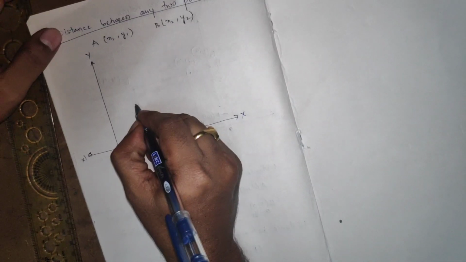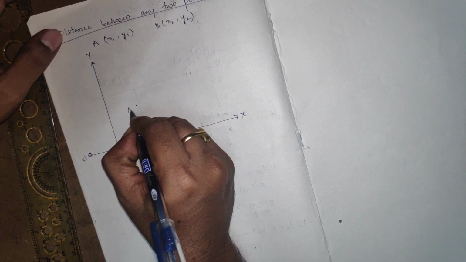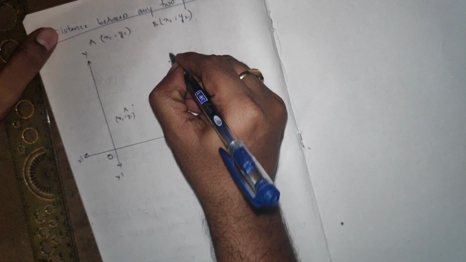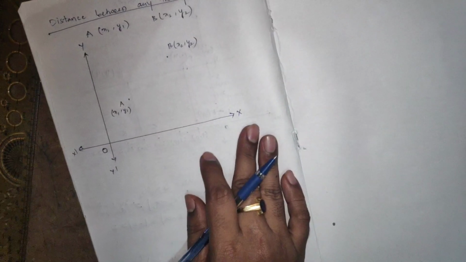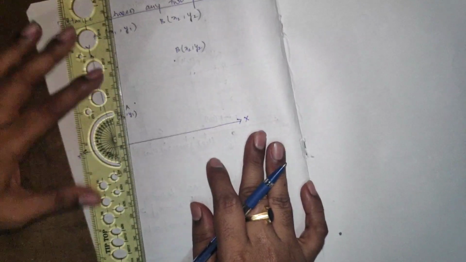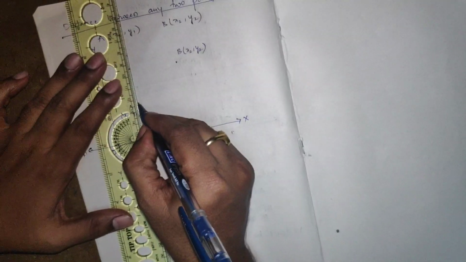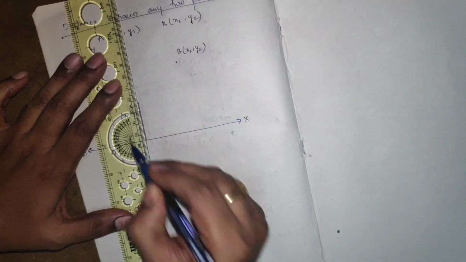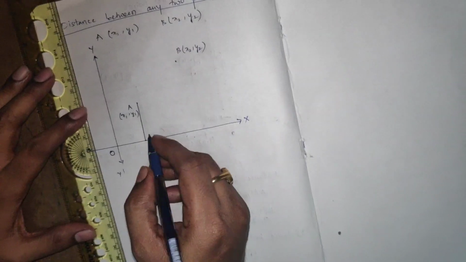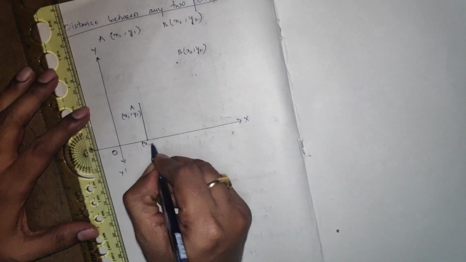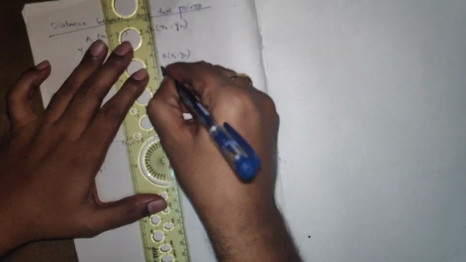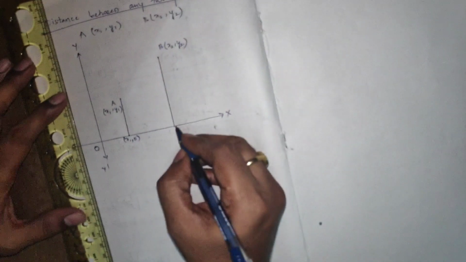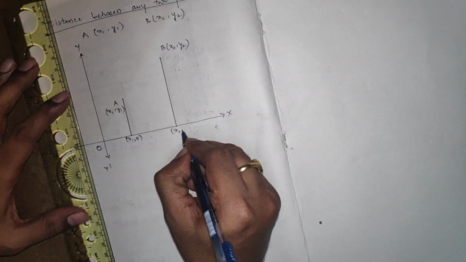Now let us take a point A. The coordinates of A are x1 comma y1 and point B x2 comma y2. Now let me draw a perpendicular onto the x-axis from A, and the coordinates here are x1 comma 0, and let me draw another perpendicular from B onto the x-axis, and these are x2 comma 0.